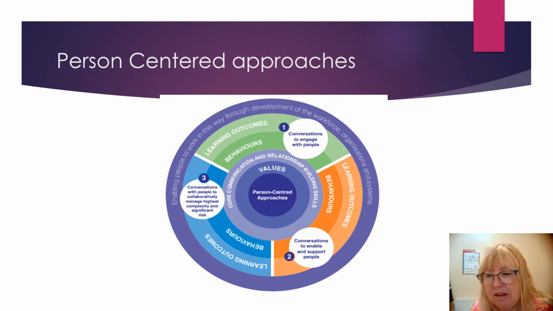There may be different little skills that you need to do, some techniques in supporting people depending on what it is. And then conversations with people about managing someone who's got very complex needs and who have significant risks, and how you're going to do that. And again, you might need some extra training for that.